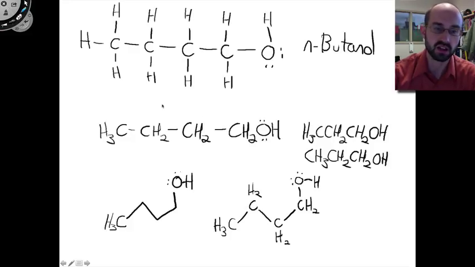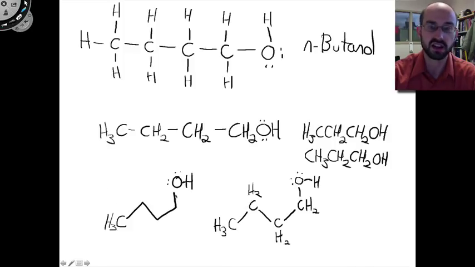And like I said, we'll start with this style because it's relatively fast, but you can still see all the atoms. And as we go throughout the semester, we'll use more and more of this fast line angle structure.